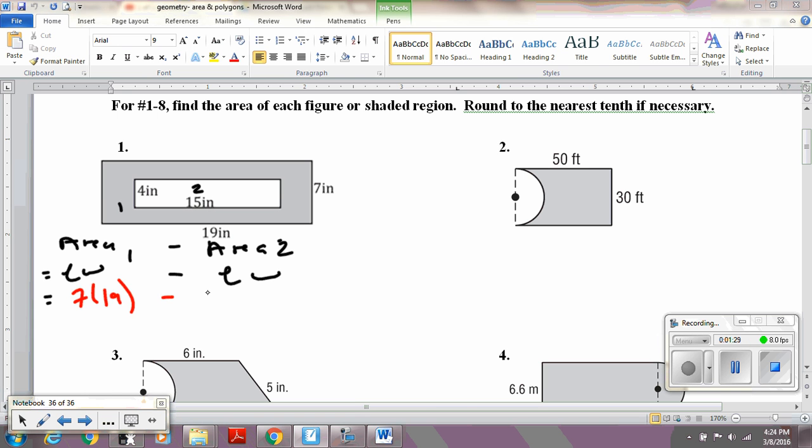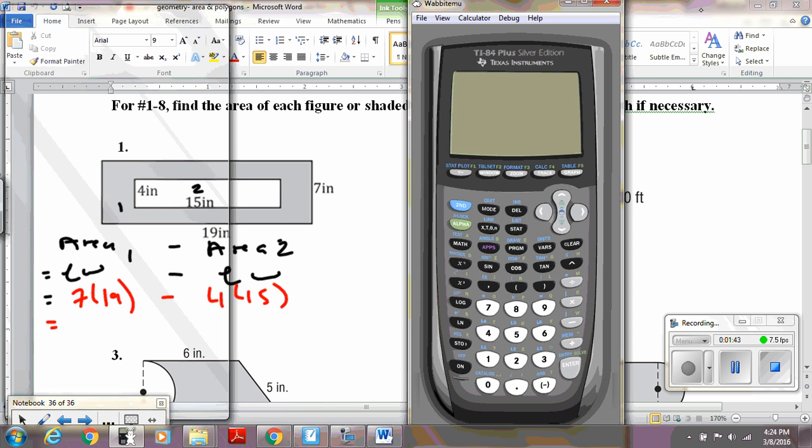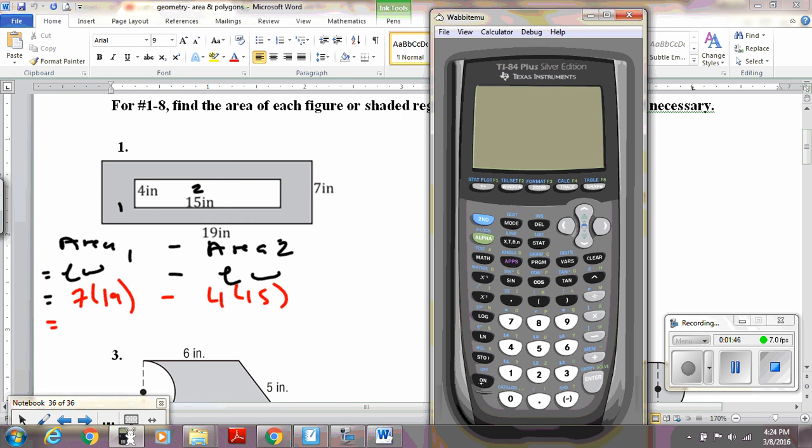And for the smaller one, or number 2, it has dimensions of 4 by 15. So now we can grab our calculator and type this in one step. So it's 7 times 19 minus 4 times 15.